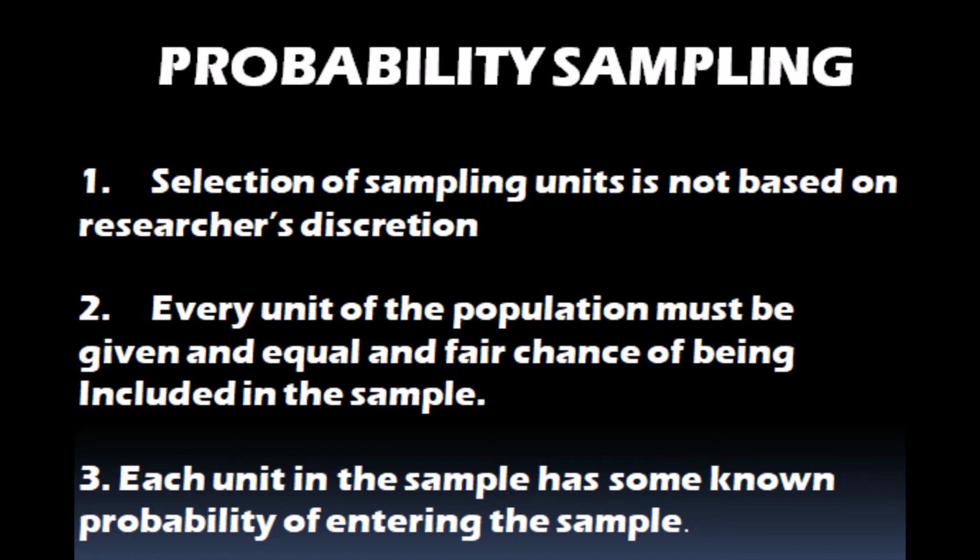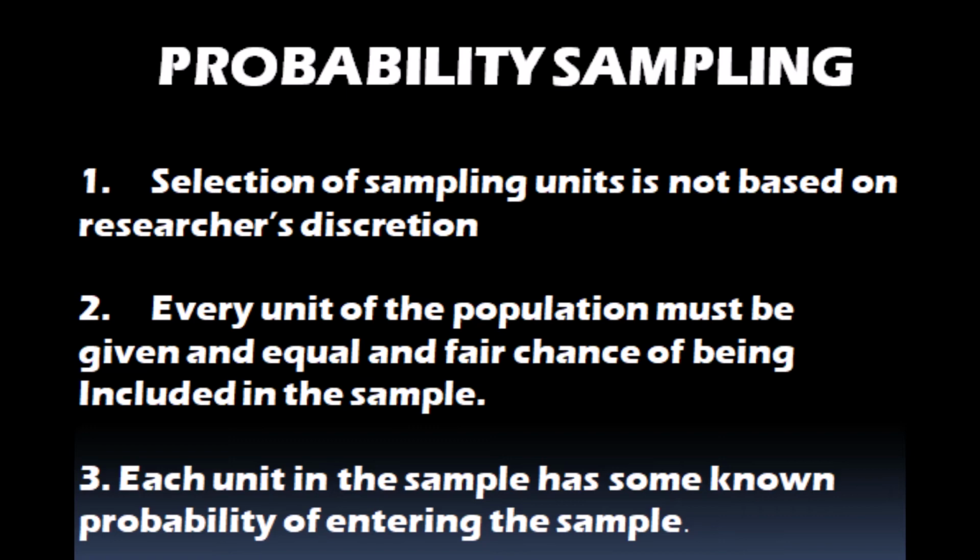So therefore, you can see that we must give every sampling unit, every entity, every individual in the population of concern a fair chance of being included in the sample, even though we know they all cannot be there, but they all should have a fair chance such that no one will be unjustly excluded.